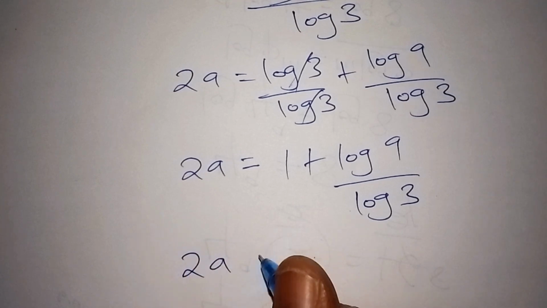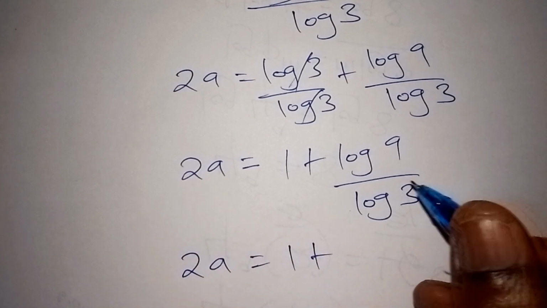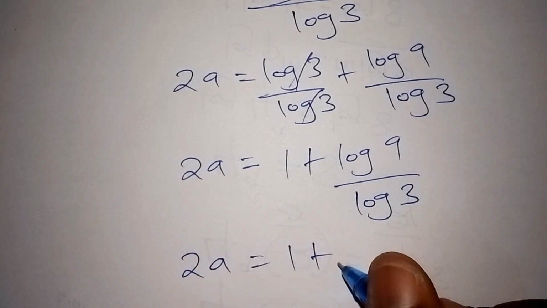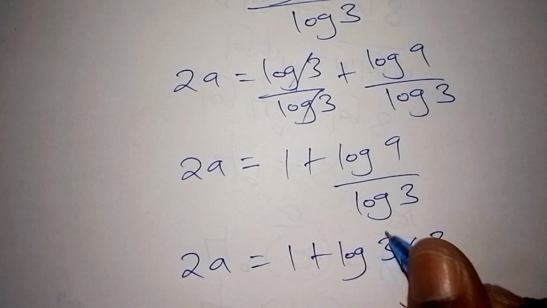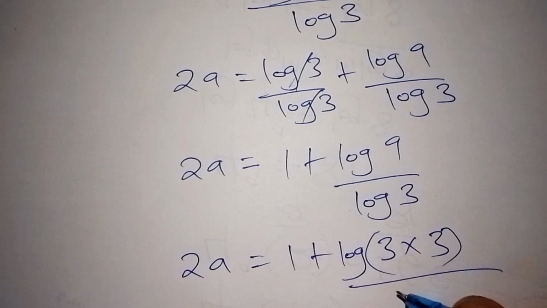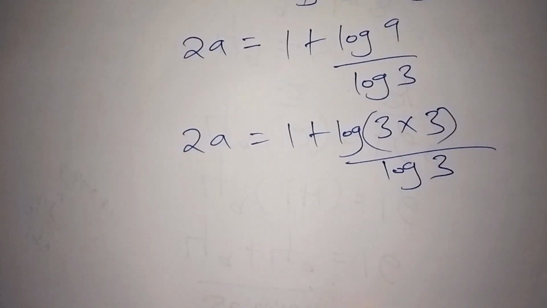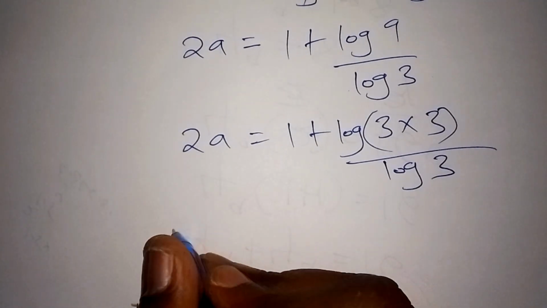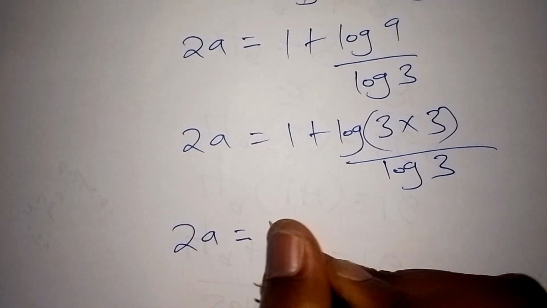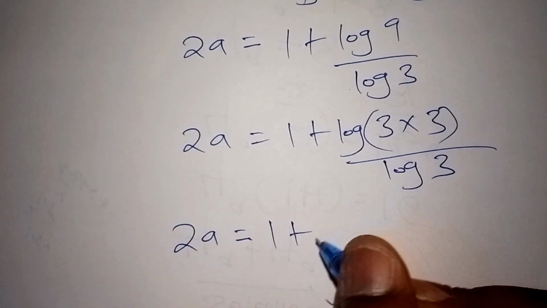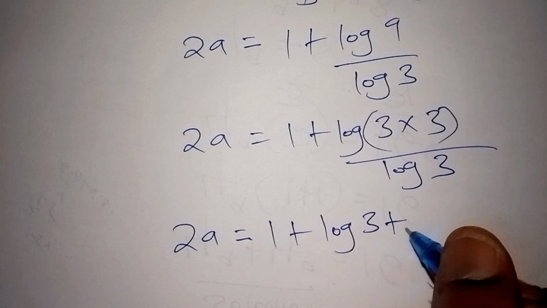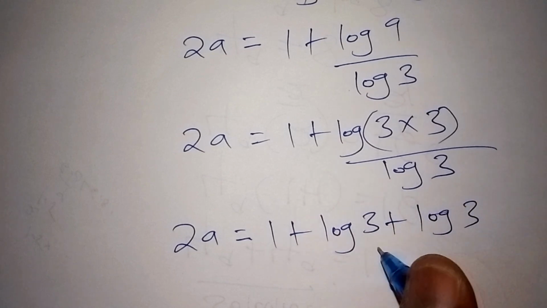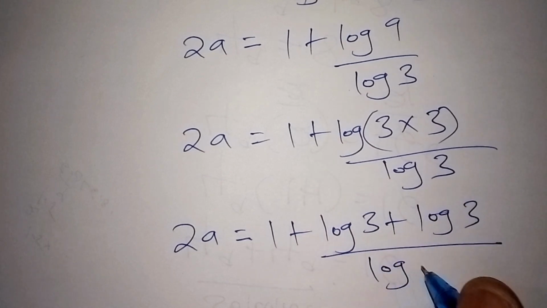So 2a is equal to 1 plus, the log of 9 can also be written as the log of 3 multiplied by 3, all over the log of 3. We can split it and say 2a is equal to 1 plus, following the law of logarithms, the log of 3 plus the log of 3 all over the log of 3.